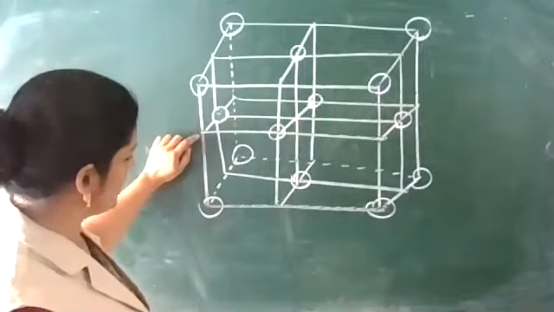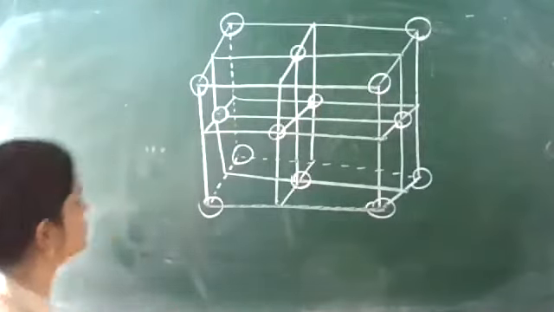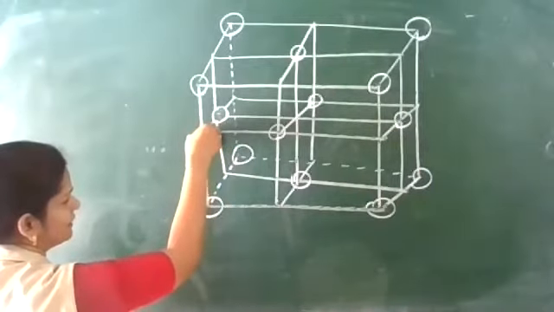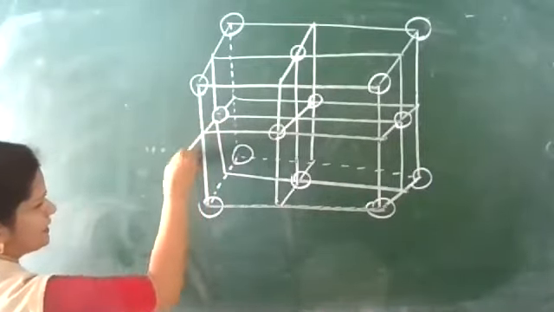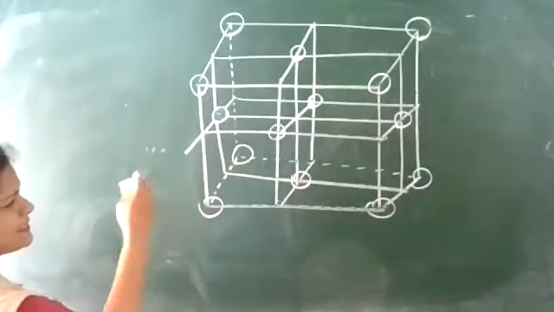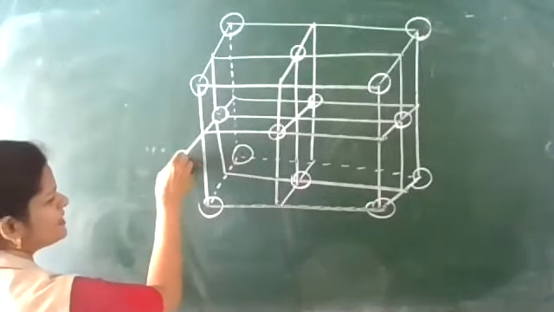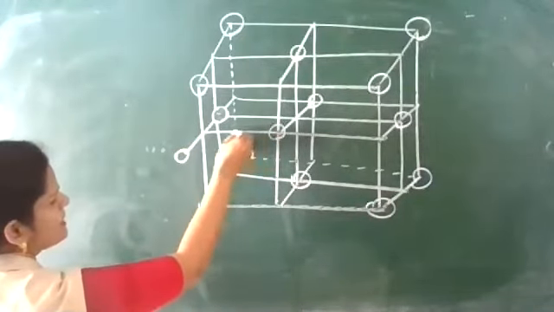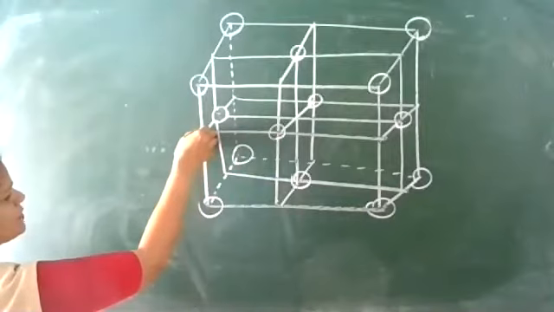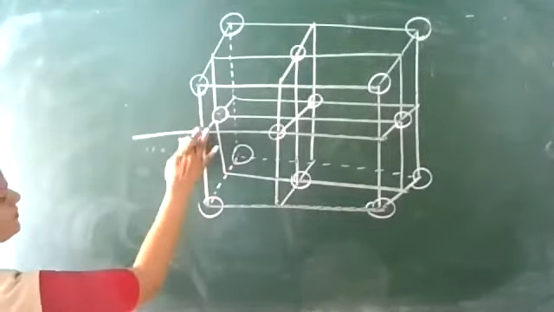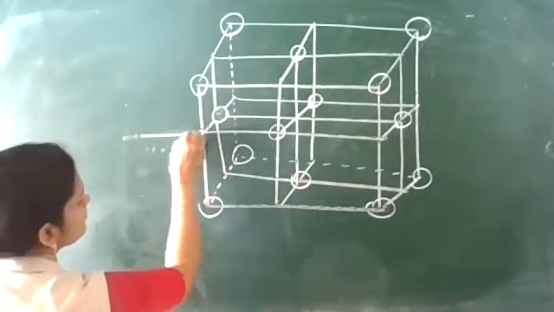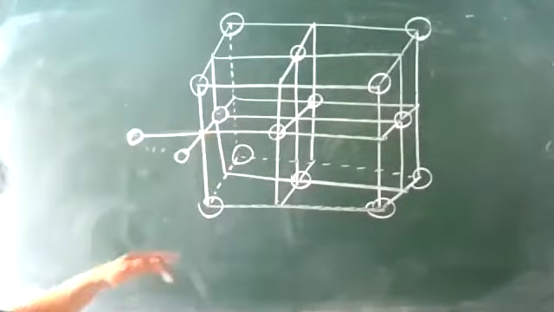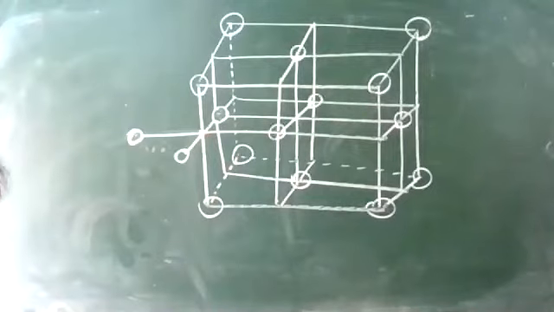Now come to this edge. I'm extending this line to the next unit cell. So that comes the center. So this is the face center of the next unit cell. Similarly, I am extending this this way. That is the face center of the next unit cell.